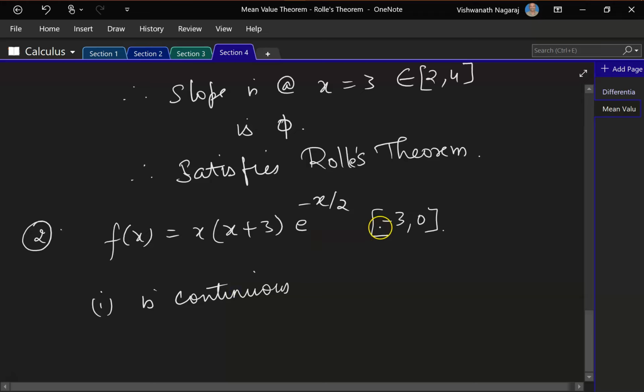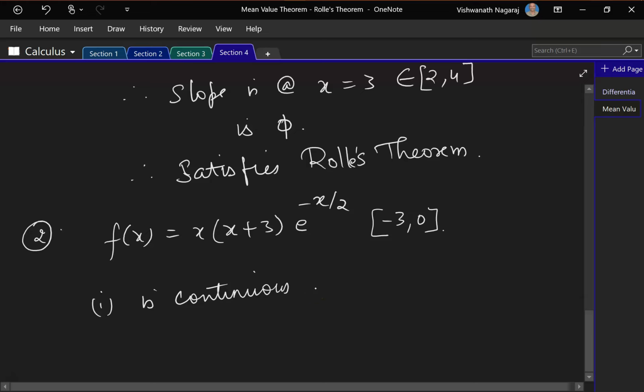Otherwise what will happen is, if it was not a negative closed interval, then e to the power of minus x by 2 would have gone down, right? Because this would have remained negative, it would have gone to the denominator, and it would not have been continuous.